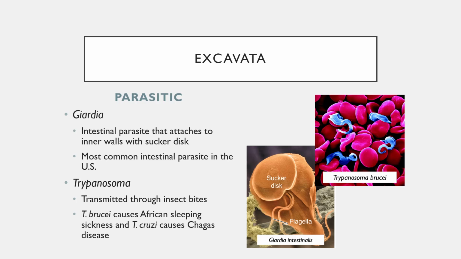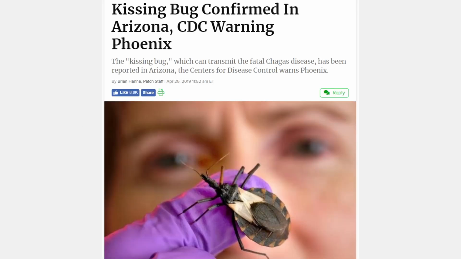Chagas disease is actually found in Arizona. The CDC put out a warning in 2019 about the presence of the organism that transmits Chagas disease, the kissing bug, which looks like this. So these bugs are the carriers of the Trypanosoma parasites. And the reason why they are named the kissing bug is because they are attracted to the carbon dioxide in a person's breath, which draws them to the mouth area where they tend to bite.